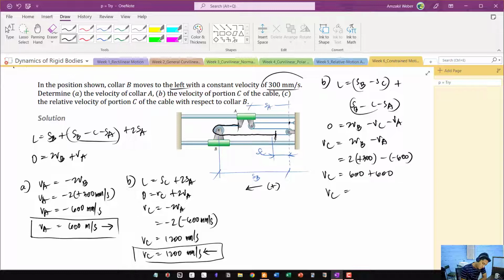Are you seeing what I'm saying? VC is 1200 mm per second.